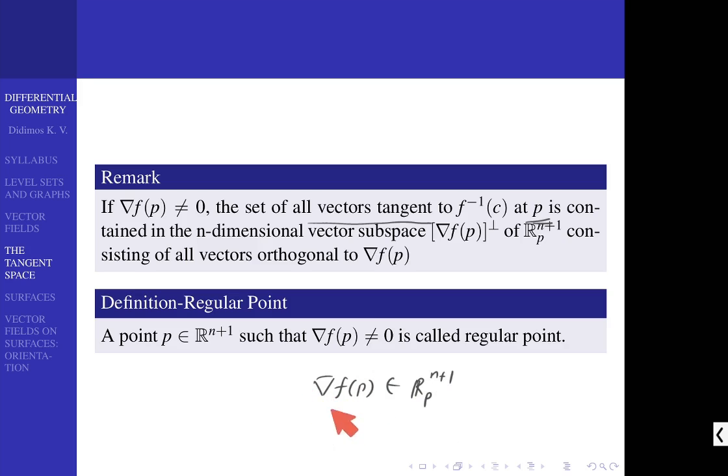If we choose any non-zero vector, the set of all vectors orthogonal to it is defined as del f p perpendicular, which always has dimension one less than the dimension of this vector space, that is, dimension n. So any tangent vector belongs to an n-dimensional vector space perpendicular to del f p. A point p belonging to Rn plus 1 such that del f p is not equal to 0 is called a regular point. This is the definition.